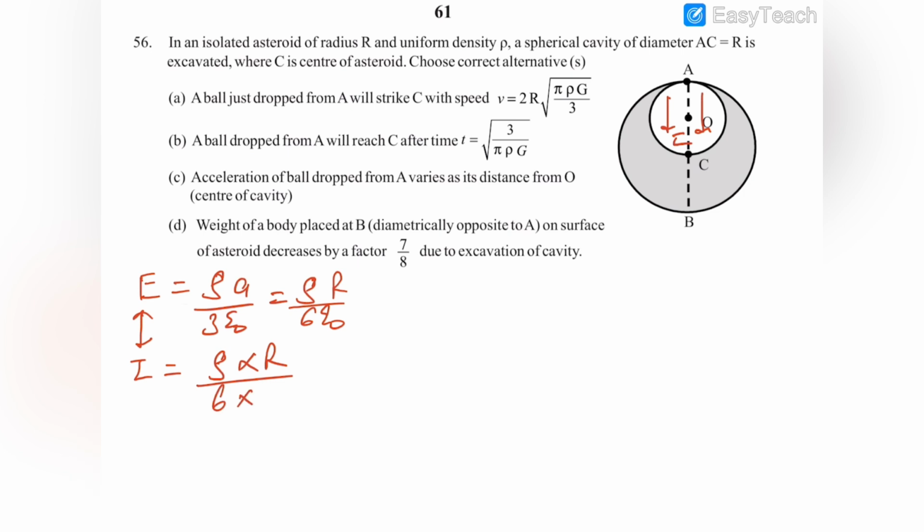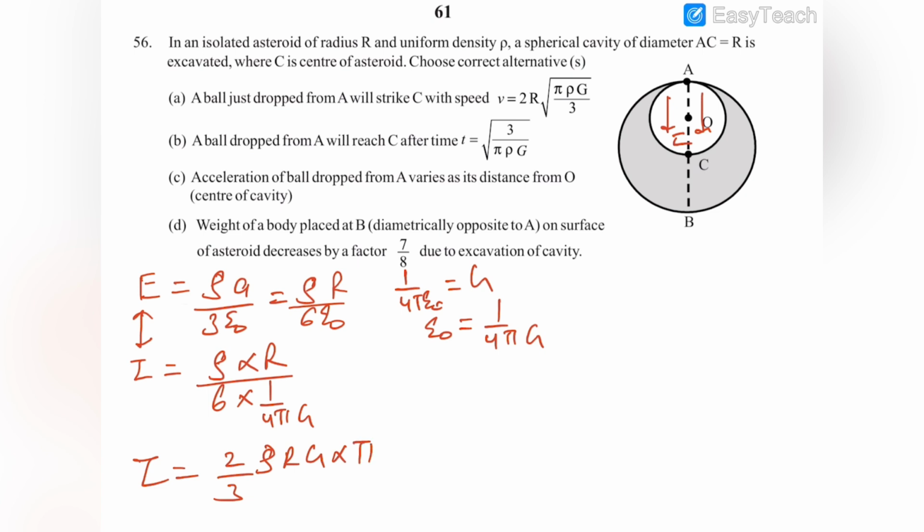And by comparing k, which is 1 upon 4 pi epsilon naught, with G, we can write epsilon naught as 1 upon 4 pi G. So I will be equal to 2 by 3 rho r G pi. This is the value of gravitational field intensity inside the cavity, which is directed towards the center of the sphere, and this is constant throughout.